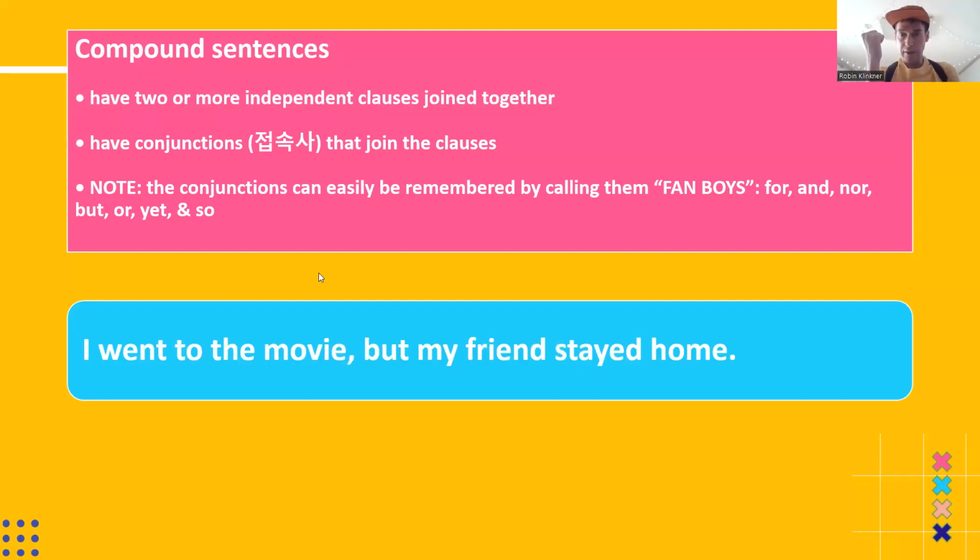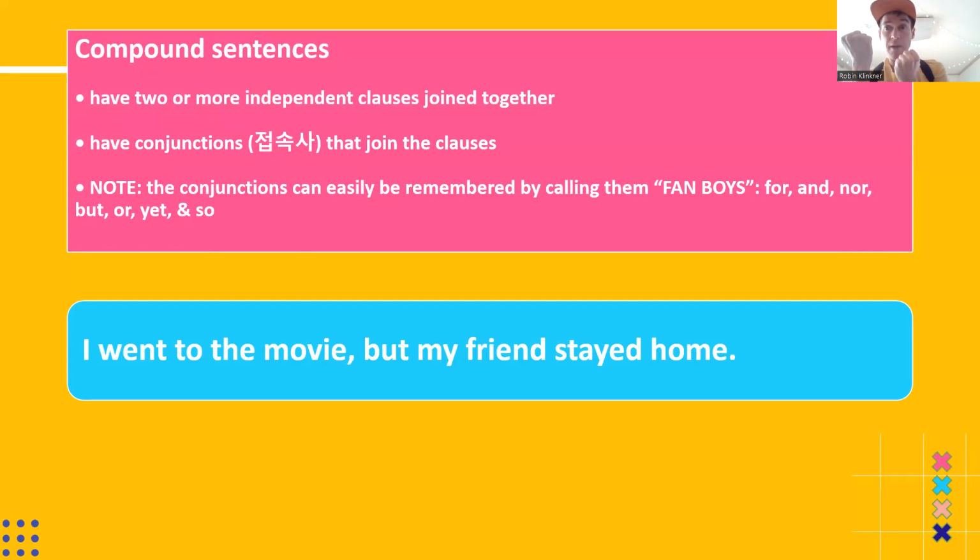I went to the movie. That's an independent clause. That's a complete thought. My friend stayed home. That's an independent clause. That's a complete thought. We can combine them using but.